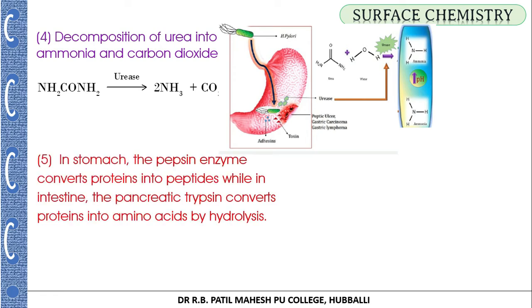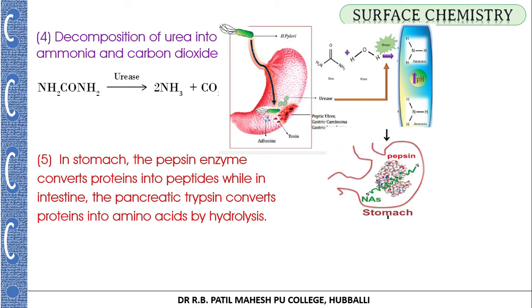In the stomach, there is an enzyme called pepsin that converts proteins into polypeptides, while in the intestine there is an enzyme called trypsin that converts proteins into amino acids by hydrolysis.